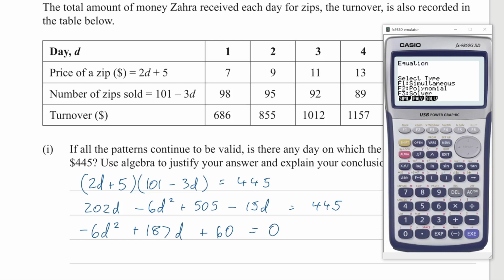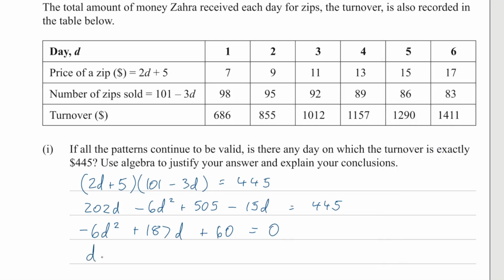Menu, equate, F2 for polynomial, degree 2, minus 6 is A, 187 is B, and positive 60 is C. And we hit solve. So D will equal minus 0.3176, or D will equal 31.48.